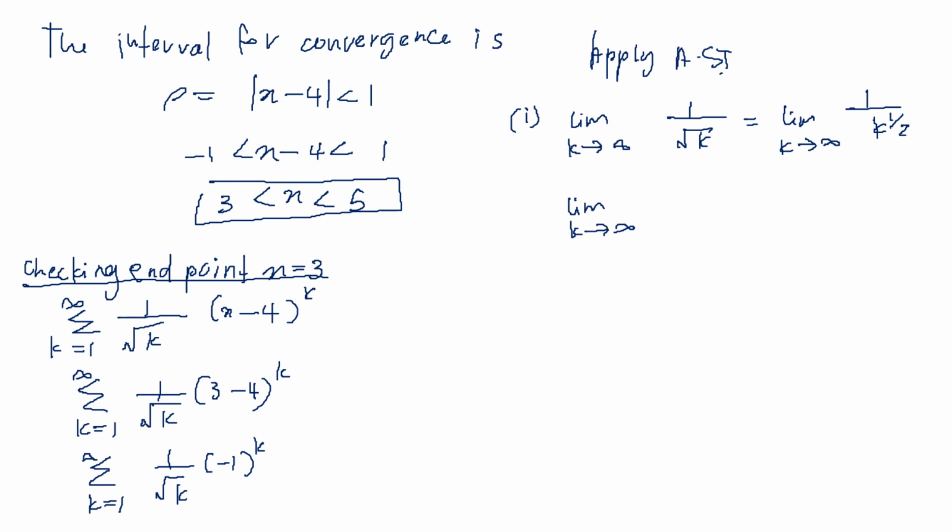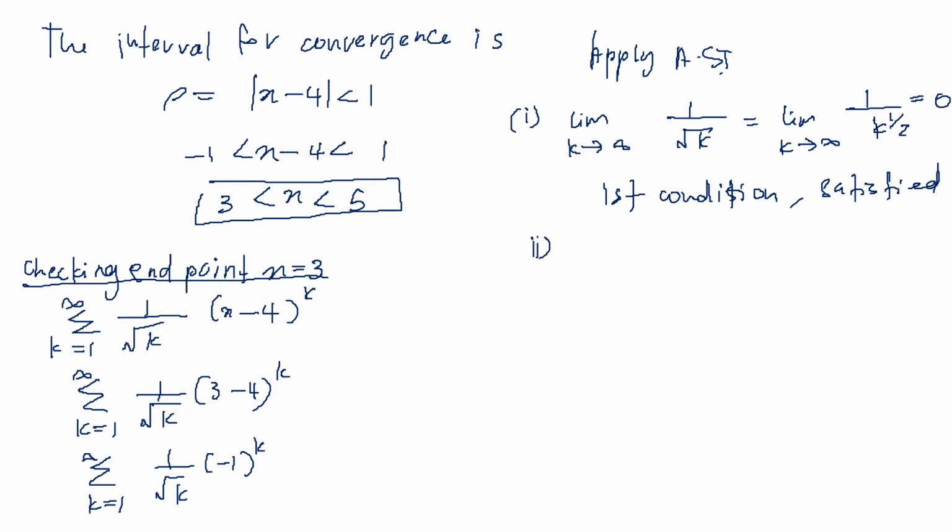I think you have to divide with the highest power. Or you just substitute. I think it's easy to substitute. So you will get 0 here. So when you get 0, the first condition is satisfied.